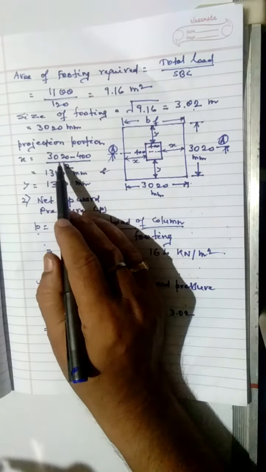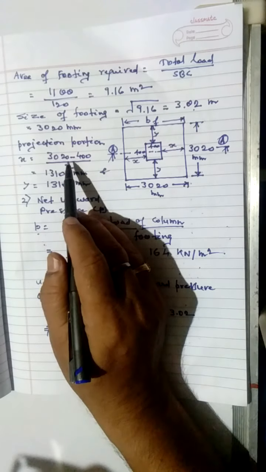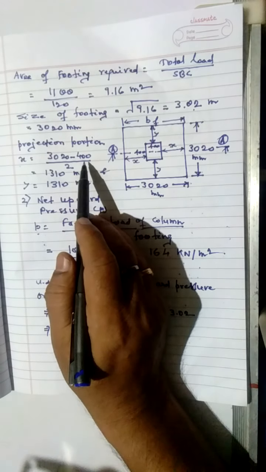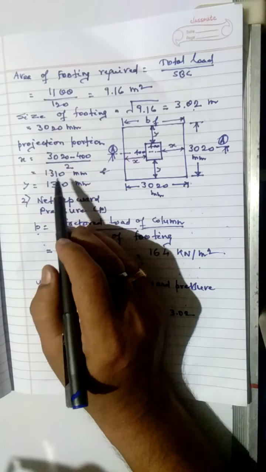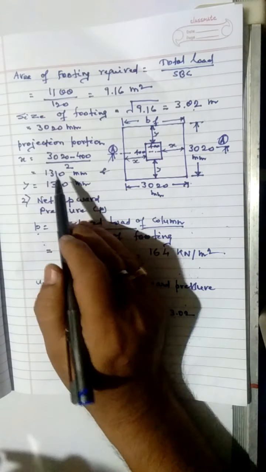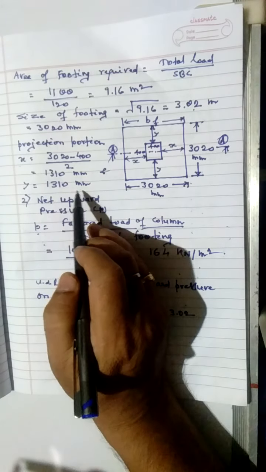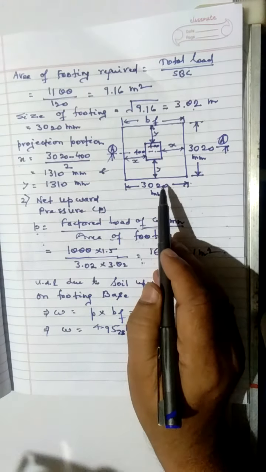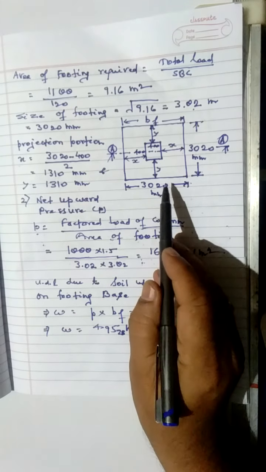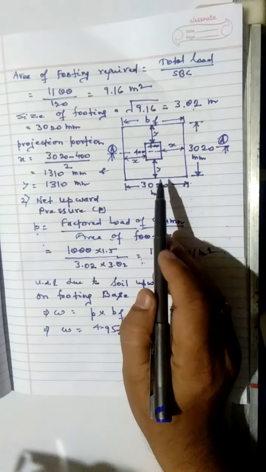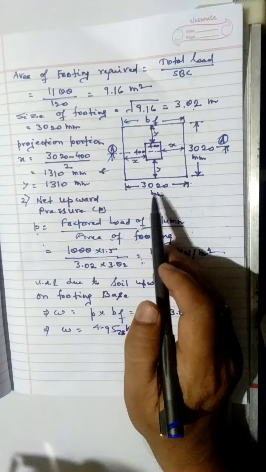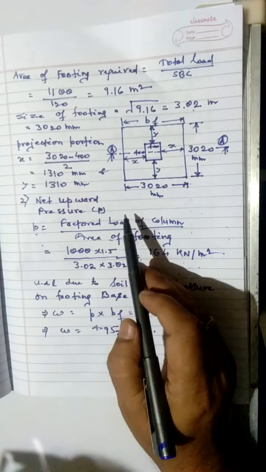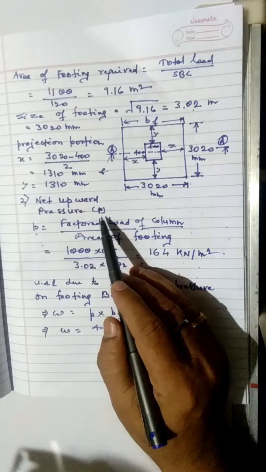X would be equal to 3020 total width or length minus 400 column dimension, divided by 2, that is 1310 millimeter. So X and Y both are equal to 1310 millimeter.